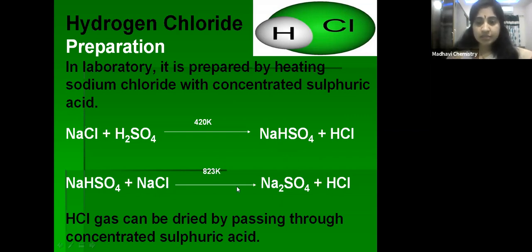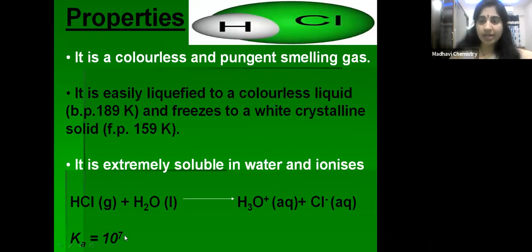This obtained HCl can be dried by passing through concentrated sulfuric acid, because concentrated sulfuric acid is a dehydrating agent. It absorbs the moisture from HCl. Okay, so like that, hydrogen chloride can be prepared.